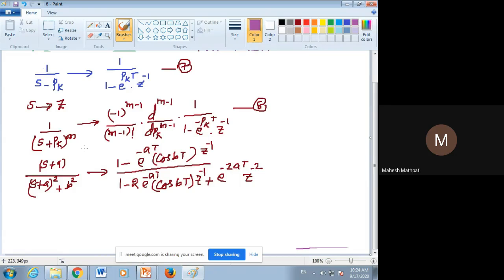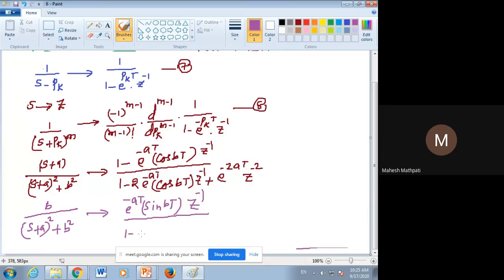And one more form we have: if it is b divided by s plus a square plus b square, then its transformation is written as e power minus at sin bt into z inverse divided by 1 minus 2 e power minus at into cos bt z inverse plus e power minus 2at into z power minus 2.